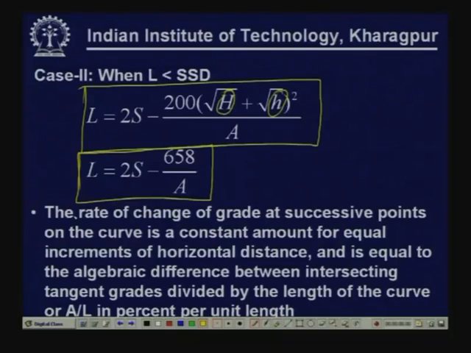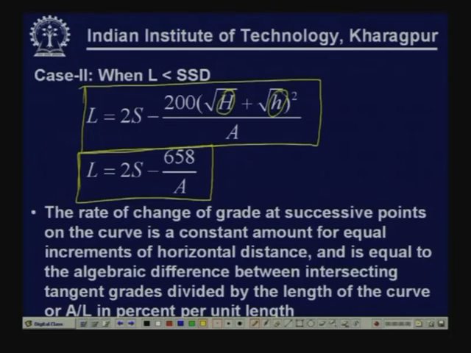Now, if we come back to this equation, the rate of change of grade at successive points on the curve is a constant amount for equal increments of horizontal distance, and it is equal to the algebraic difference between intersecting tangent grades divided by the length of the curve.